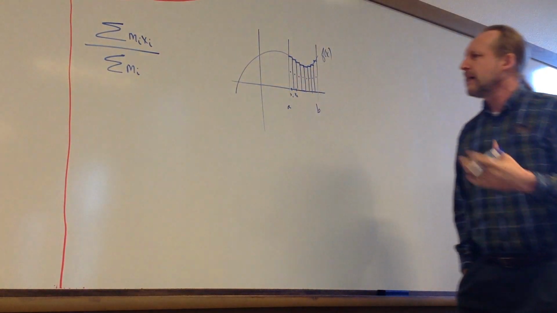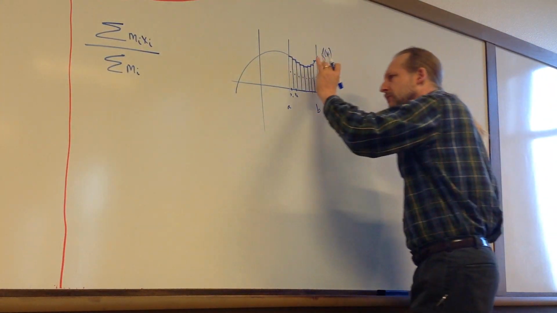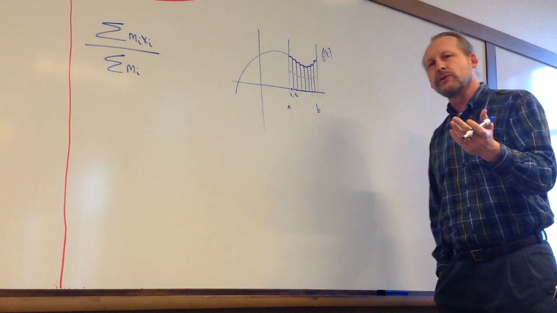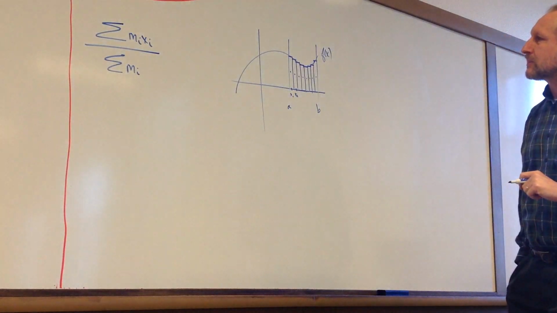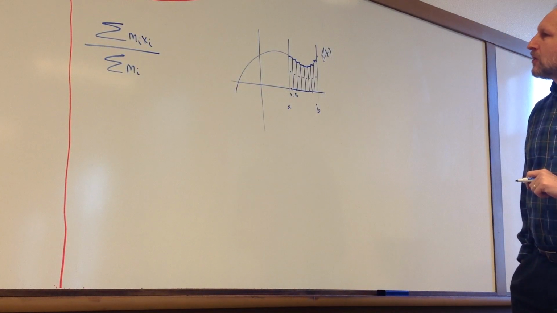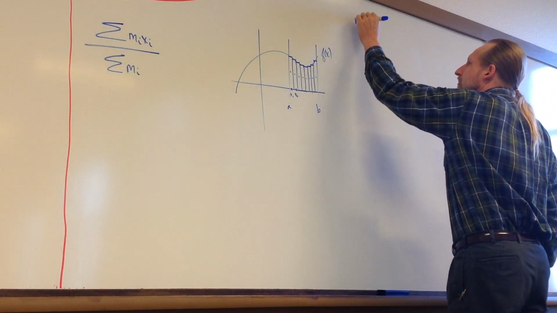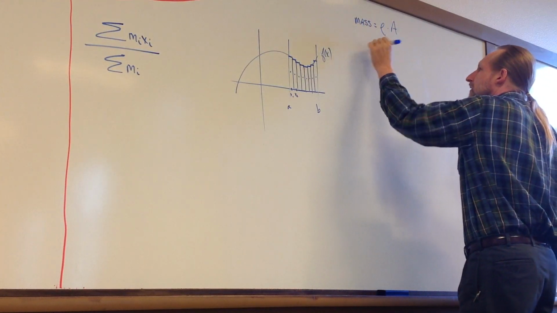And then once we identify the center of mass for each of those rectangles, we can treat them as points the way that we were doing in the two-dimensional system in that previous section. So what we need to figure out here is mass, which is the density times the area.